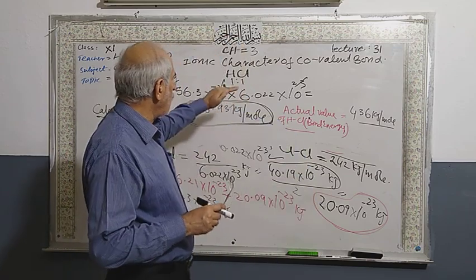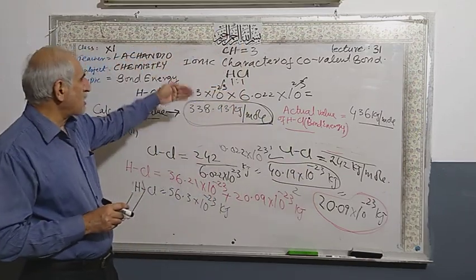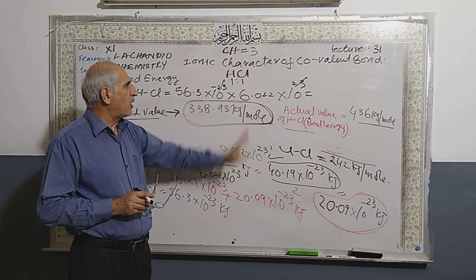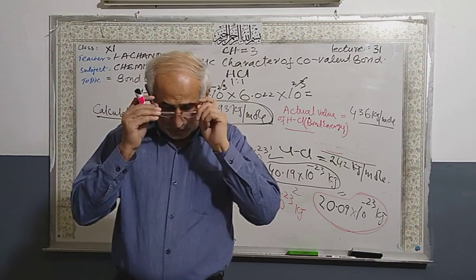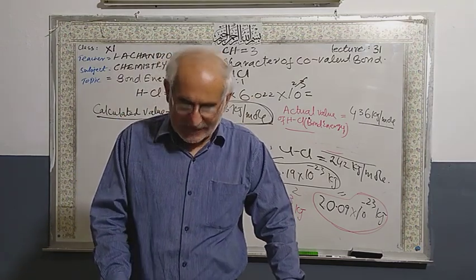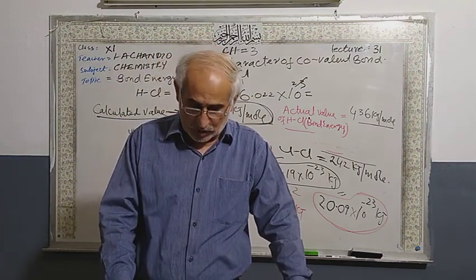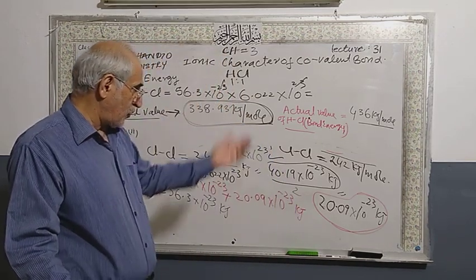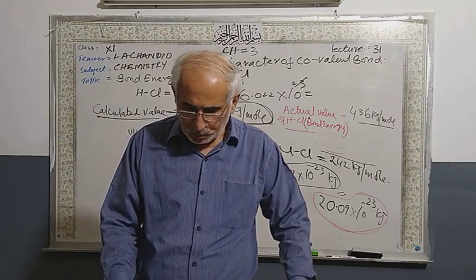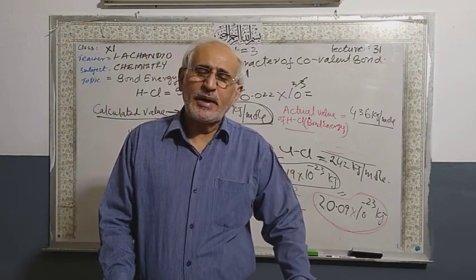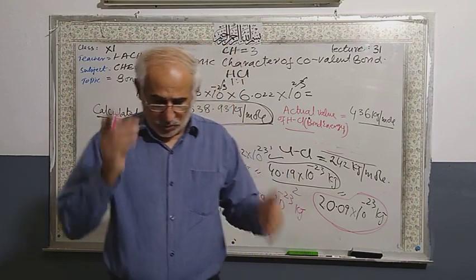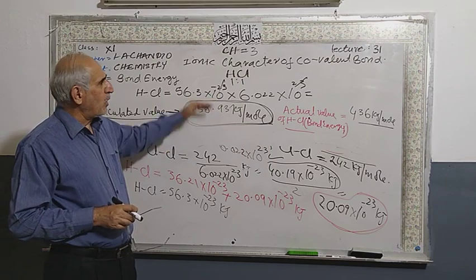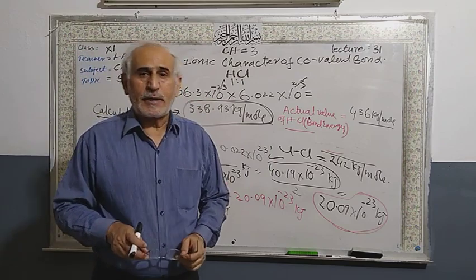If you calculate for hydrogen fluoride using this method, hydrogen will be the same, and instead of chlorine you write fluorine. The value 567 is the actual value. For hydrogen chloride, this is 431, but 436 is actual. The difference is 0.9. So this 0.9 difference tells that this is less polar than hydrogen fluoride.